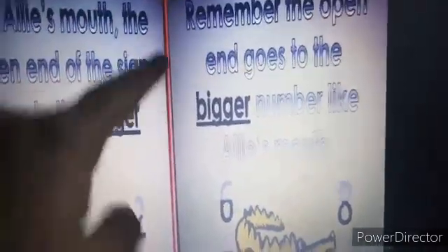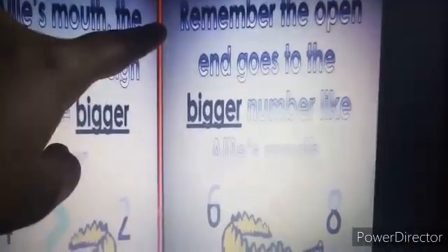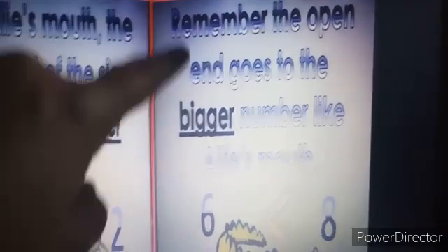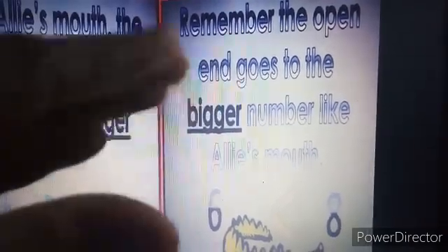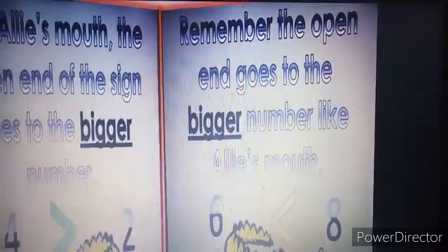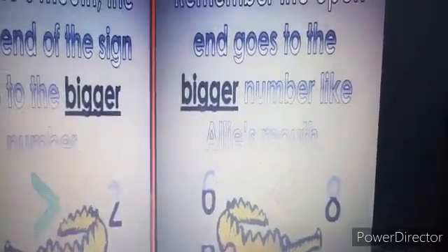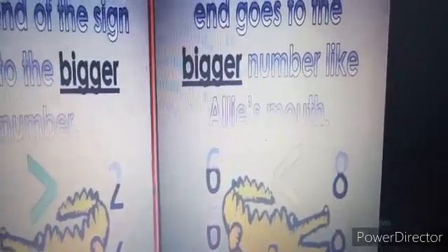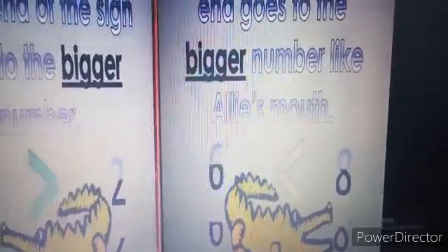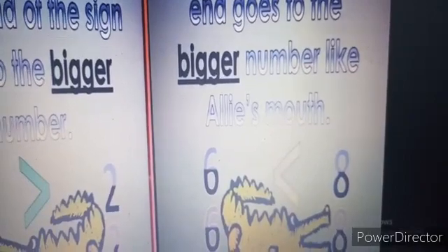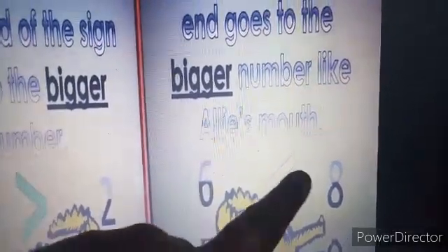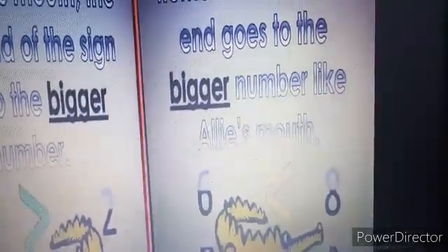Okay. See here what it is written here. Remember, the open end goes to the bigger number like Ali's mouth. So children, can you tell me now which number she will eat from 6 and 8? Which one is bigger? The number 8 is bigger.